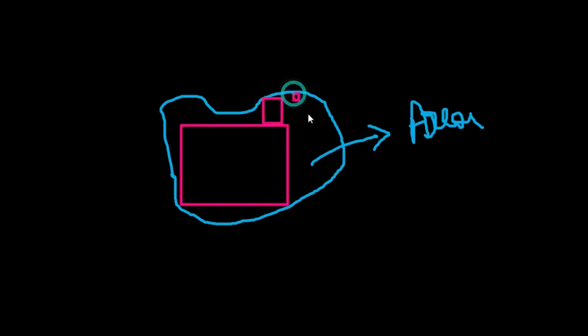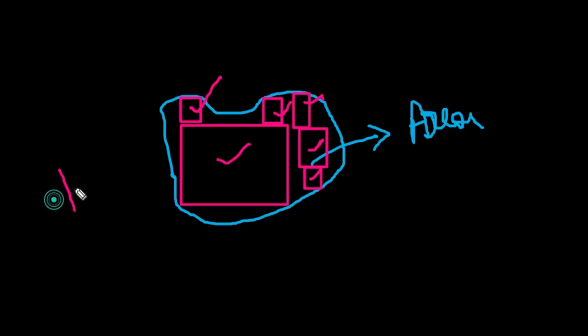Then you can separately calculate this area, this area, and this area, and finally add all the areas into one. You will get some value, but it's not an accurate solution. Some errors may be there, maybe 10 to 15% error may occur.